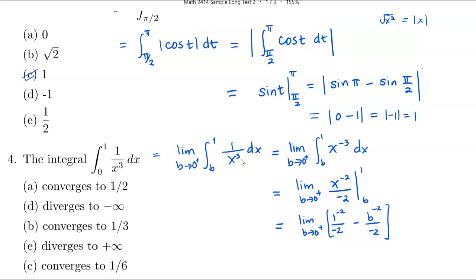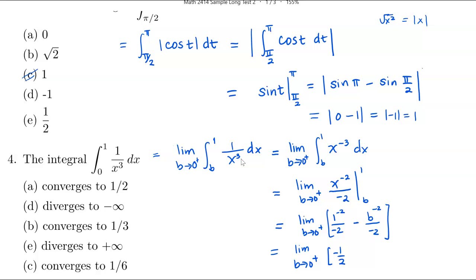Now, 1 to the negative 2 means 1 over 1 squared, and that is just equal to 1. So this first term here is just negative 1/2.